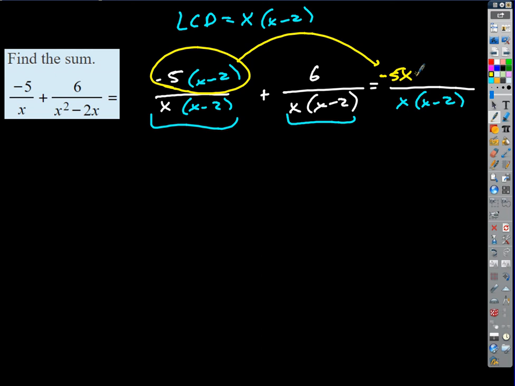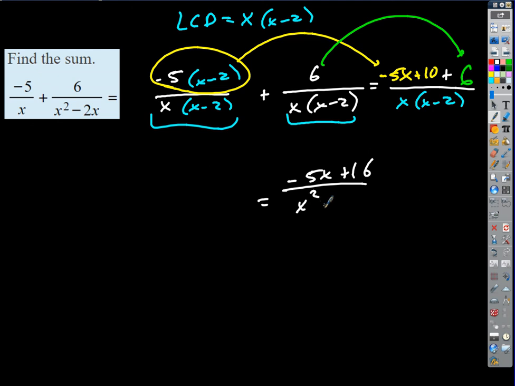Negative 5x plus 10 plus 6, right? So if I simplify that whole thing, negative 5x plus 10 plus 6 is what? Negative 5x plus 16, over x squared minus 2x, right? You got it. If we expand out top and bottom, which usually we're going to want to do.